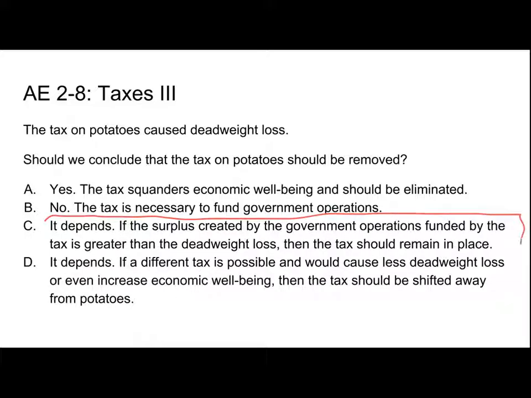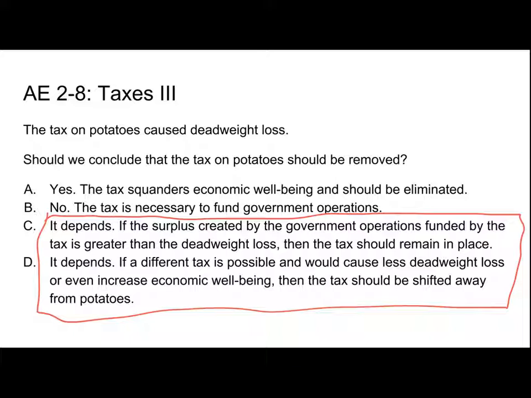We should analyze taxes not by saying, tax is bad, free market good, but by asking, what is the tax revenue going to be spent on? Is that something that's going to create more surplus than is lost in collecting the tax? If the answer is yes, there's an argument to do whatever we're talking about.